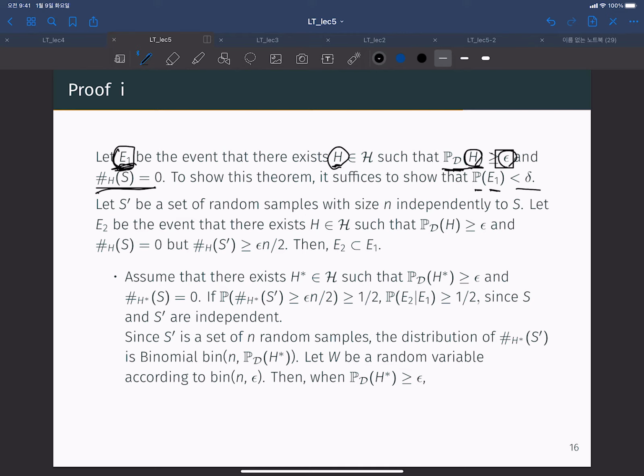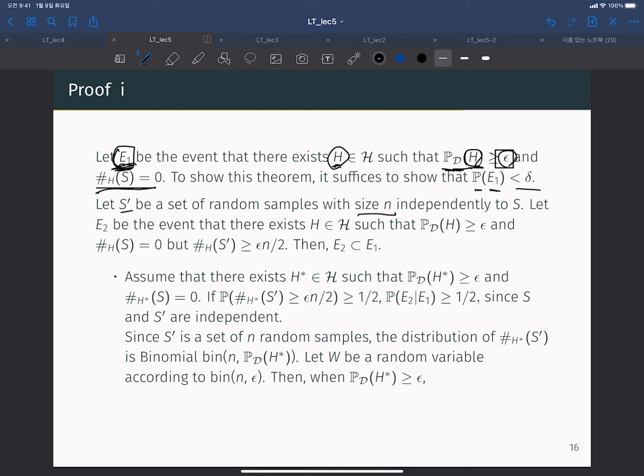So when we choose the empirical risk minimizing hypothesis, basically we can immediately find a very nice hypothesis whose error rate is less than epsilon. Let S prime be a set of random samples of size n.